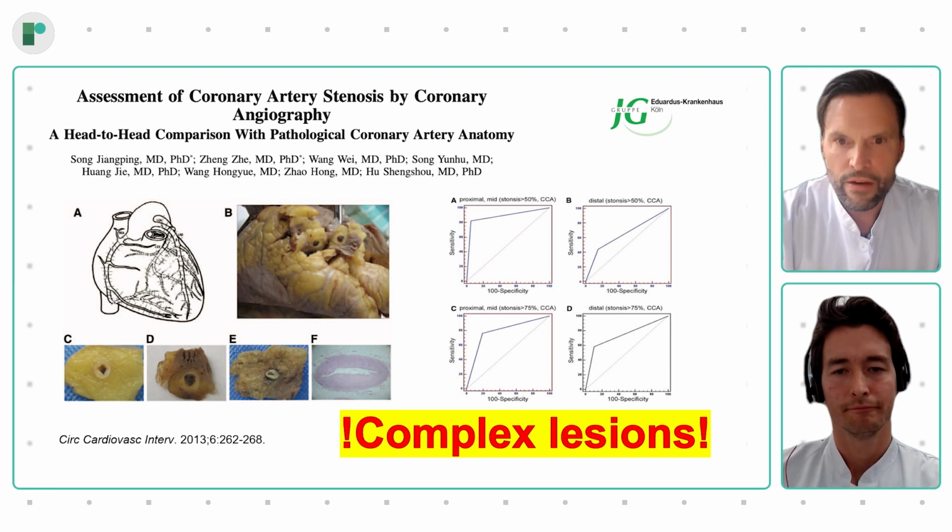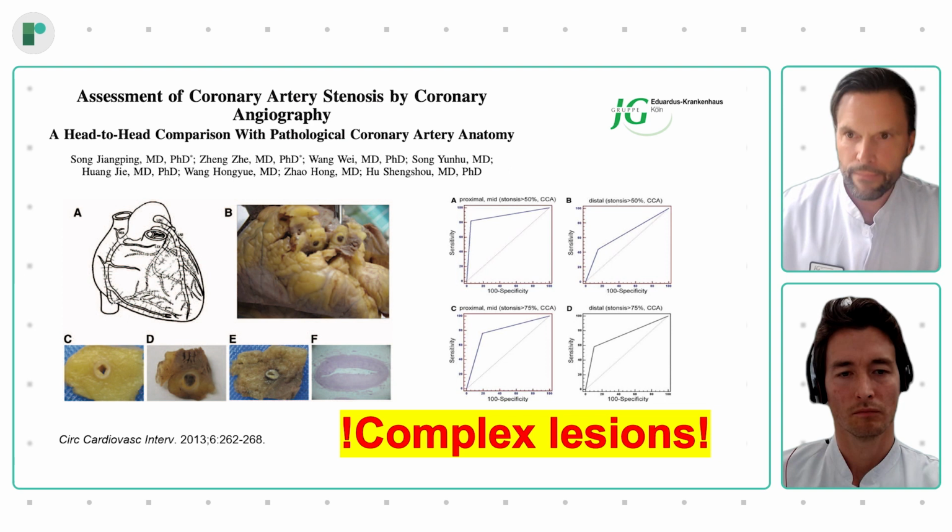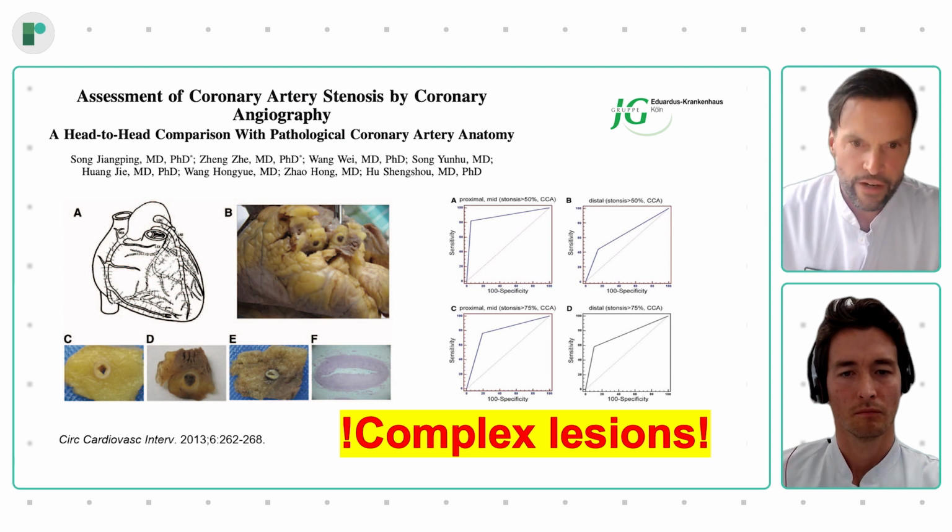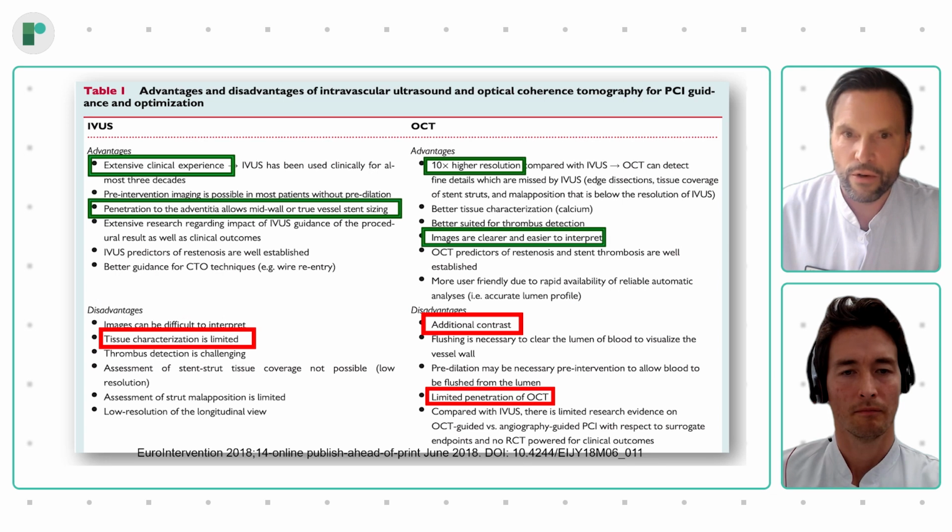But the more complicated the coronary artery disease is, the less predictive is a coronary angiogram. And especially if you have very complex lesions, the angiogram alone was not very specific to predict relevant coronary artery disease.